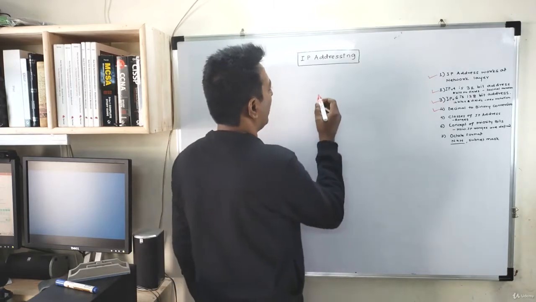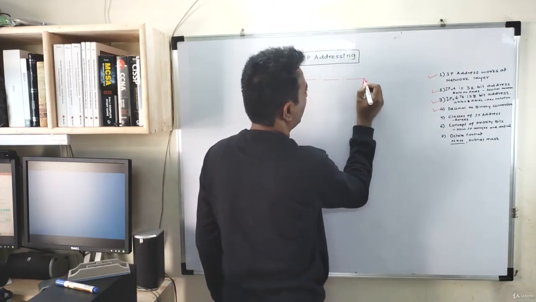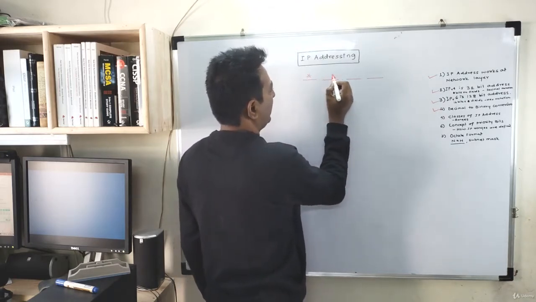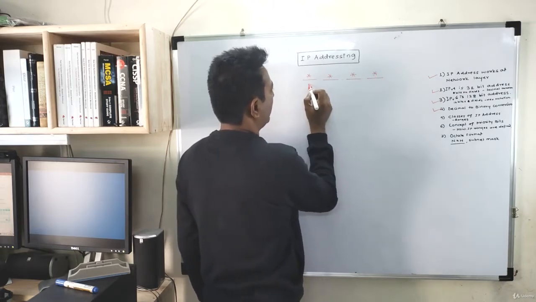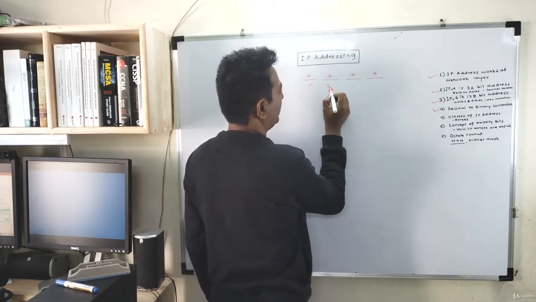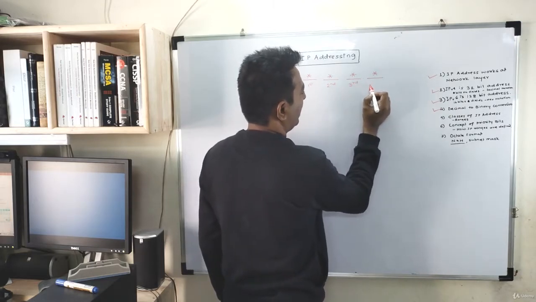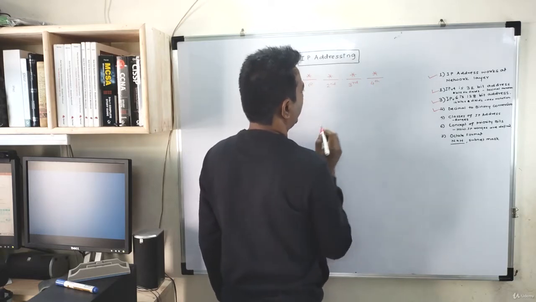So friends, I have been saying that there are 4 fields in each IP address: something dot something dot something dot something. There are 4 fields, so this is the first field, second field, third field, and the fourth field, right?